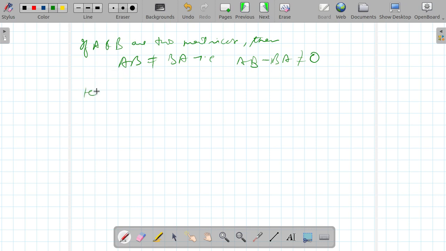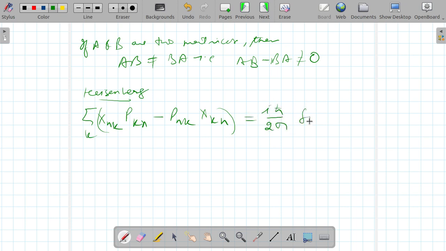Also, Heisenberg derived that the sum over k of x_nk p_km minus p_nk x_km is basically equal to iħ/2π δ_nm, or simply xp minus px.